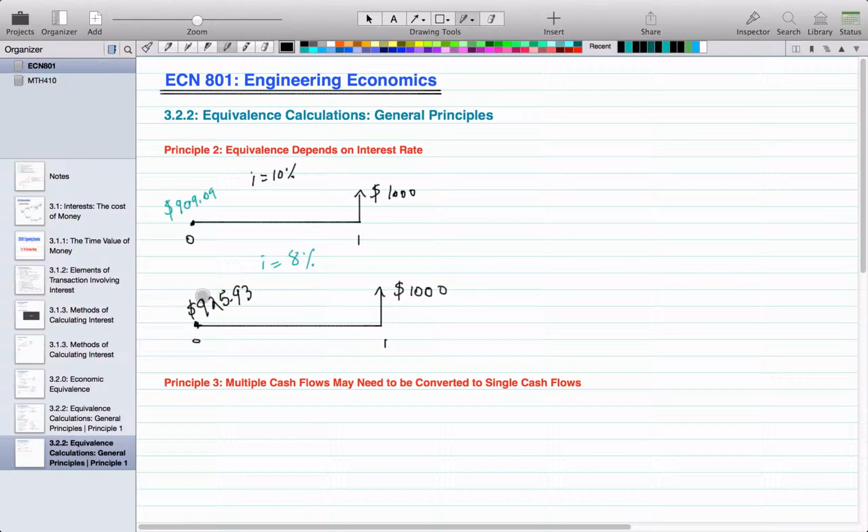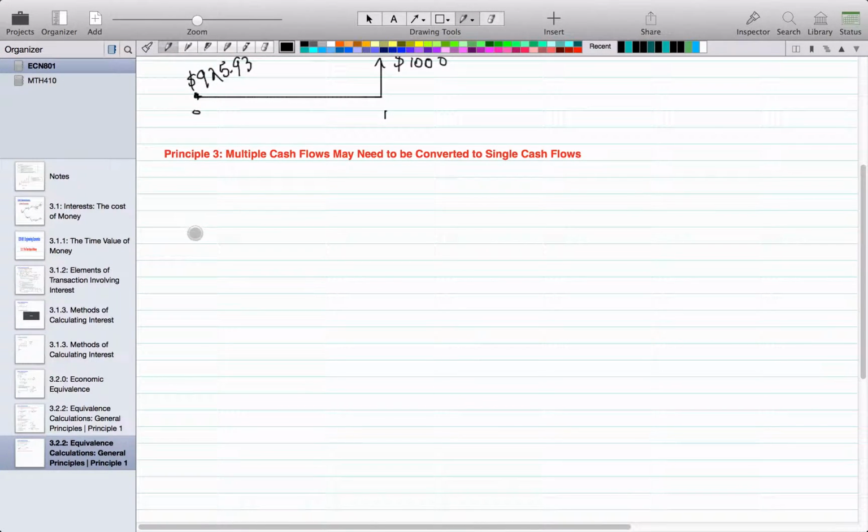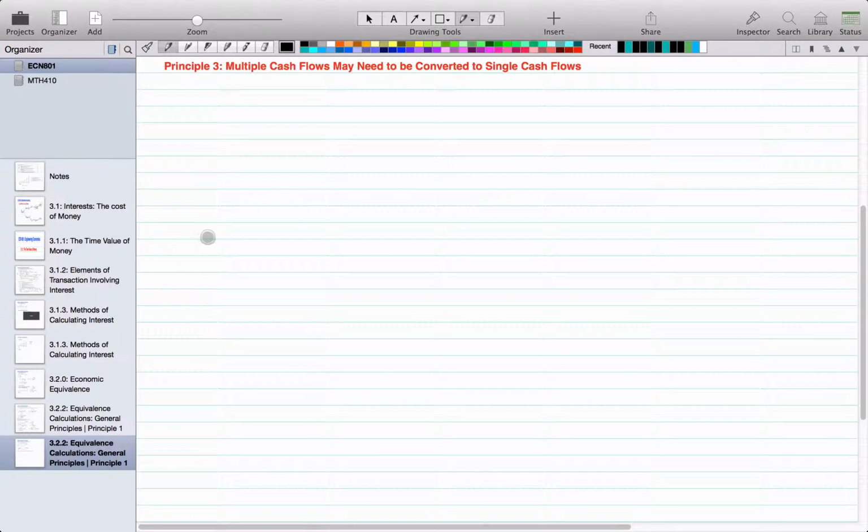This principle is very important because you want to be able to take a series or a number of cash flows and make them into one. So for example, if you go to the bank, or if you go to buy a car, you have to pay a certain amount back.